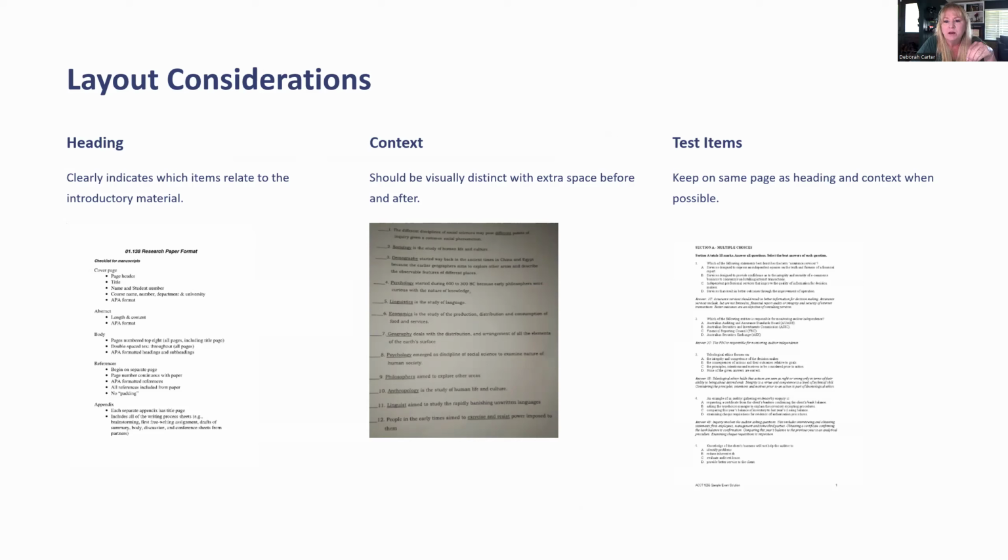Question placement. Keep it all on the same page if possible, if you're using a context-dependent item. So for example, if you have the fetal monitoring strip, try and keep the questions to that strip on the same page, not, when is the beginning of the contraction for the strip, and then on the next page you have the questions for it.